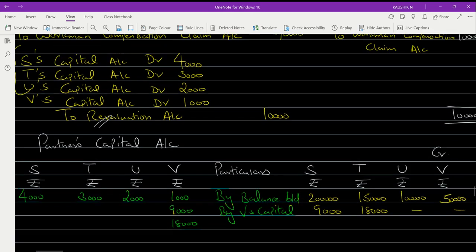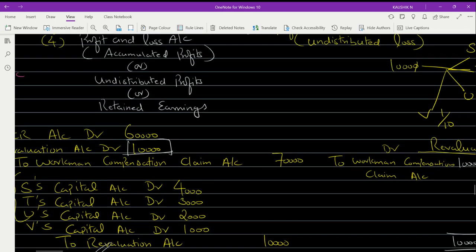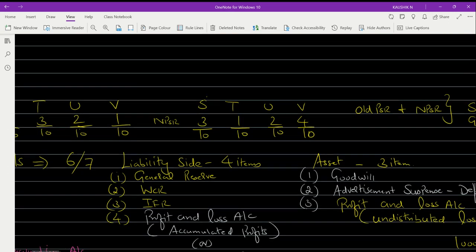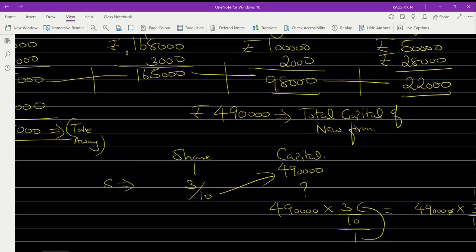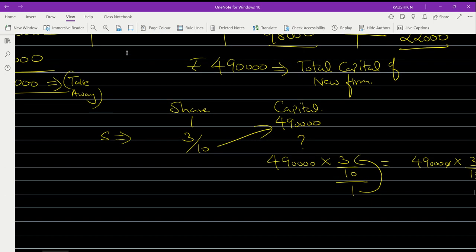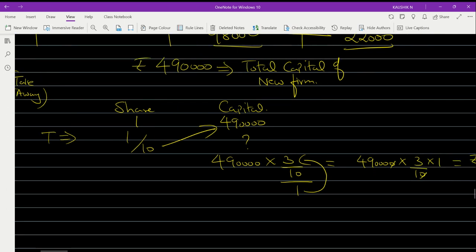Now in the same way, let's come to partner T. For T, what is the new profit sharing ratio given in the question? Just check the question and tell me. It is 1 by 10. Now when you calculate for T, do it the same way as you did for S. For T it is now 1 by 10. For the entire share, 4 lakh 90,000 is the capital. For 1 by 10 share, how much is going to be the capital?